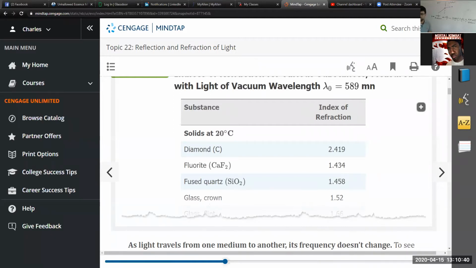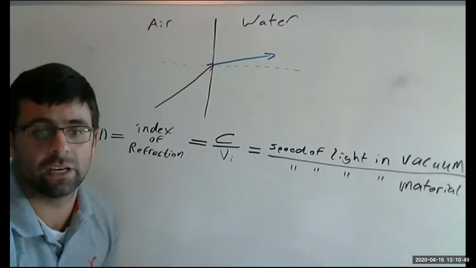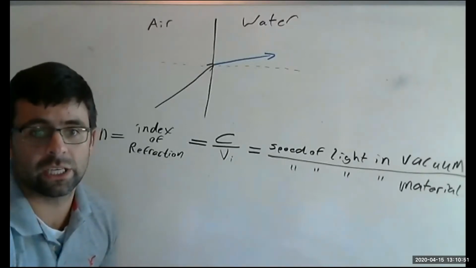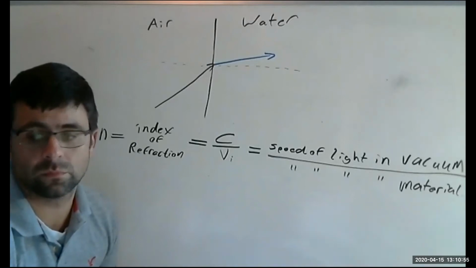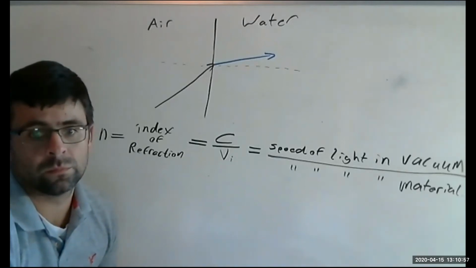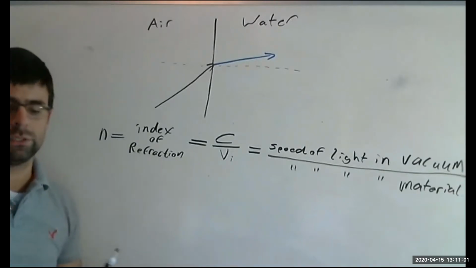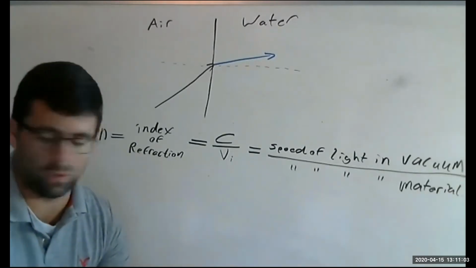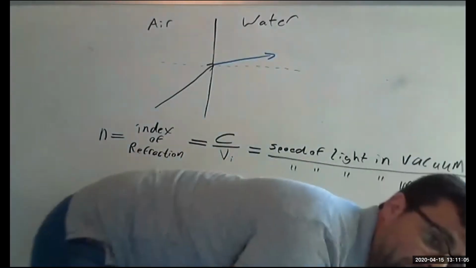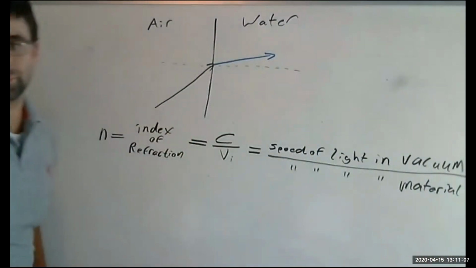So let's look at what this governing equation kind of means. Inside a material, light has a different speed.